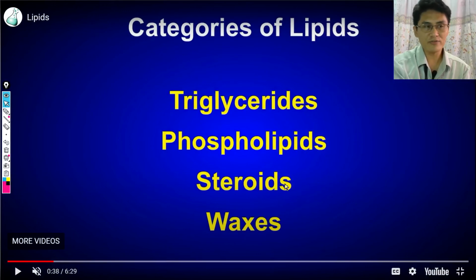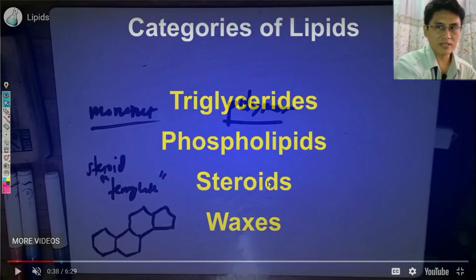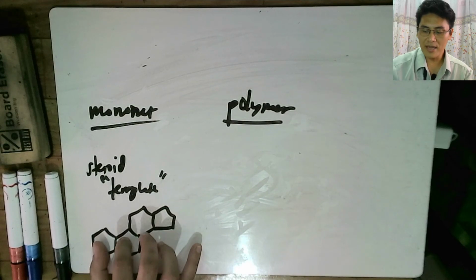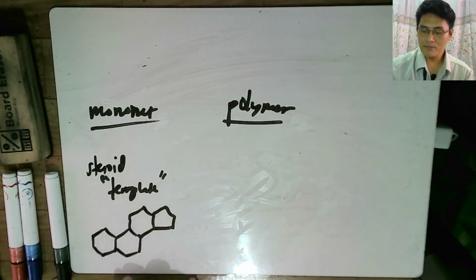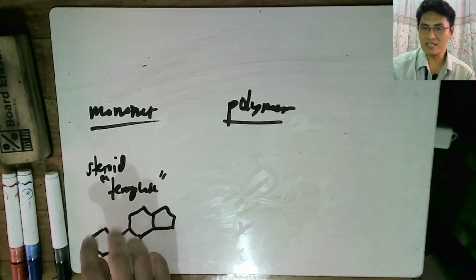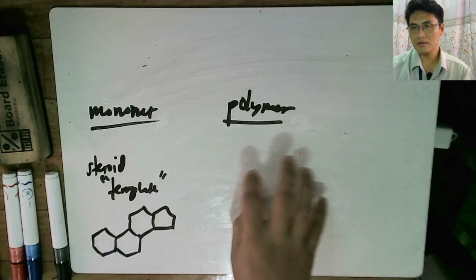So again, in the previous video, we discussed triglyceride. And then in this video, we discuss phospholipids, how it's related to triglycerides, and steroids, how it may not have the typical monomer polymer structure, but again, you can think of the main steroid structure, the four fused rings, as kind of the basis for making complicated compounds.